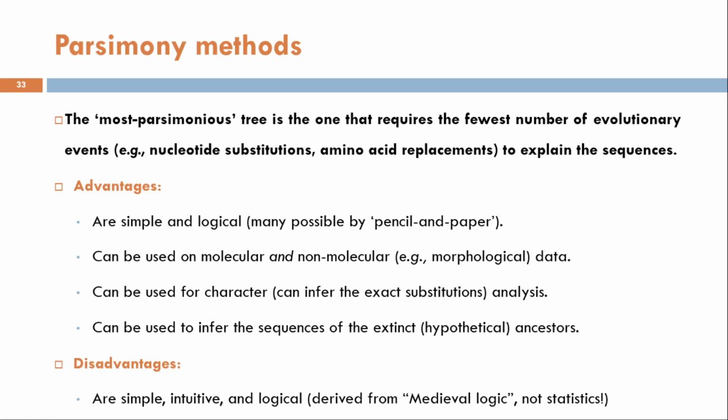If you go by train, that will be the cheapest. Likewise, once you want to establish the evolutionary relationship among organisms, taxa or species, the tree in which the minimum number of mutations takes place is going to be called the maximum parsimonious tree.